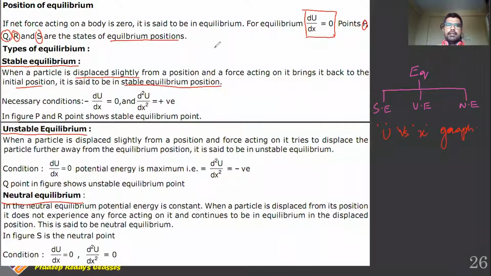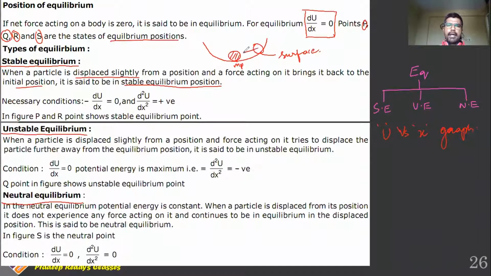For example, you are taking a ball, and this is the surface, the ground. Now if you are placing this ball here, and displacing it from its mean position, and if you leave it, what would happen?